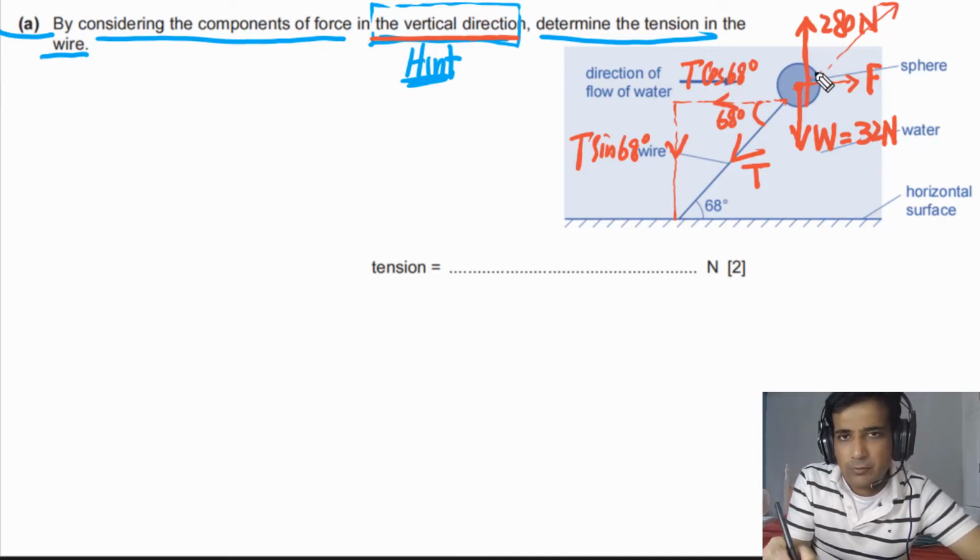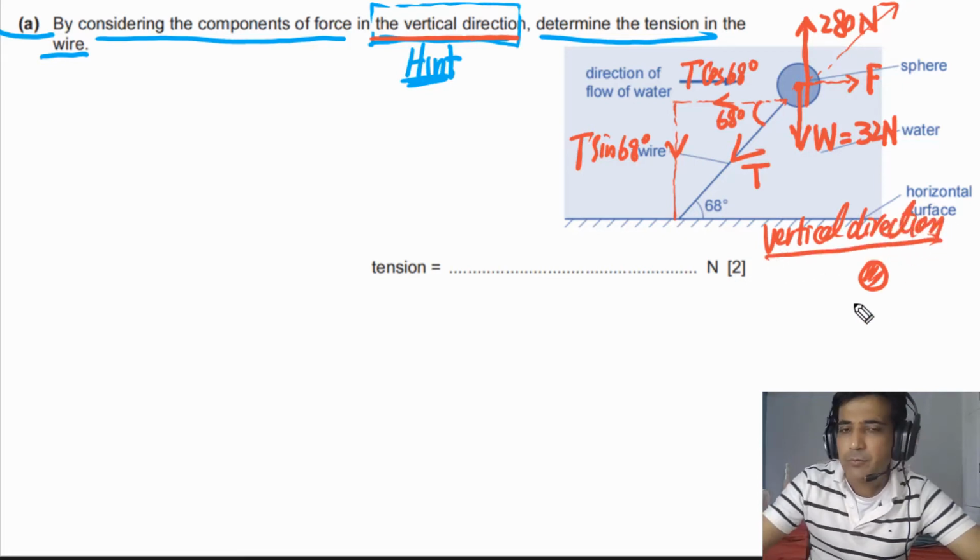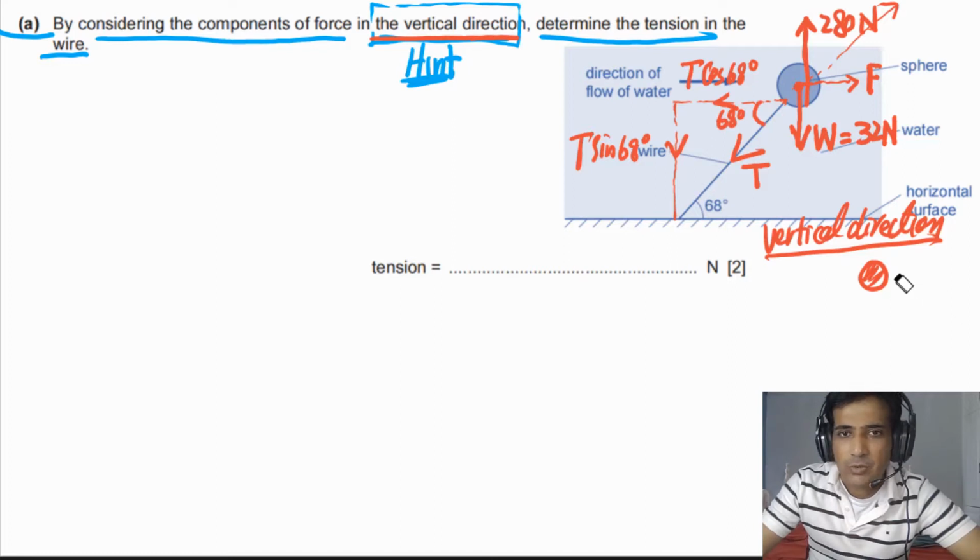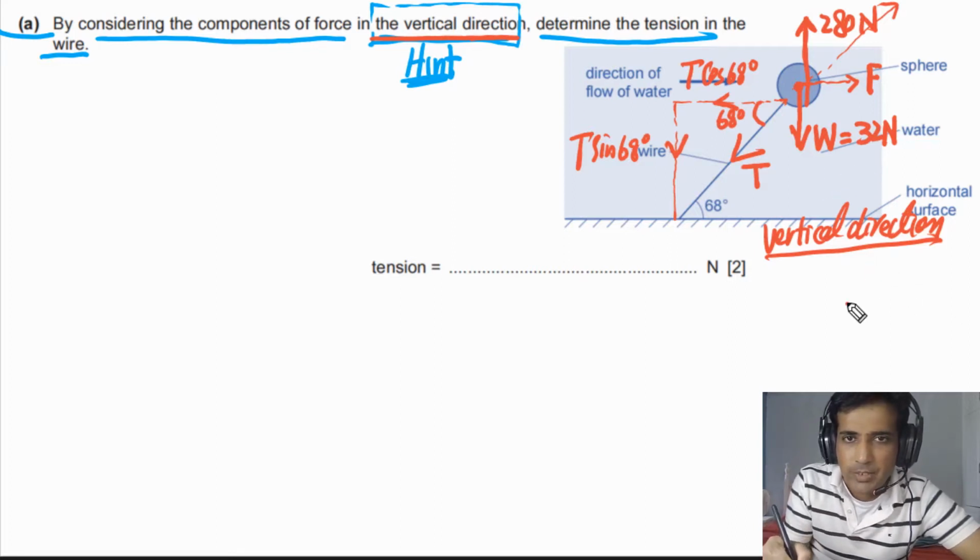Now if we take this sphere, I will redraw it here, and I will only draw the forces acting on this sphere in the vertical direction. I will write here, along vertical direction only. If you look at this sphere and we draw the forces acting on it in the vertical direction only, you will see there are only three forces acting on this sphere.